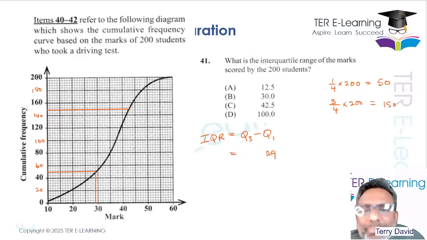So approximately here, and when I read this coming down, probably getting something like 41, 42, 43 maybe.